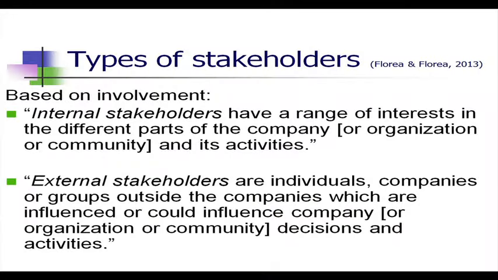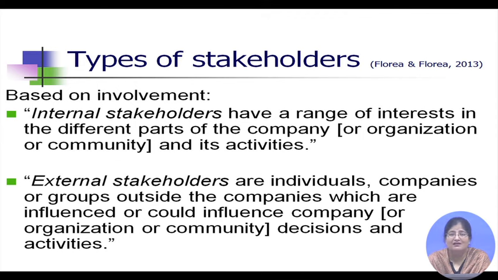Okay. Types of stakeholders. Based on involvement, we have 2 types of stakeholders. We have internal stakeholders who have a range of interests in different parts of the company or organization or community and its activities. So they are the insiders. External stakeholders are individuals, companies or groups outside the companies which are influenced or could influence company or organization or community decisions and activities.